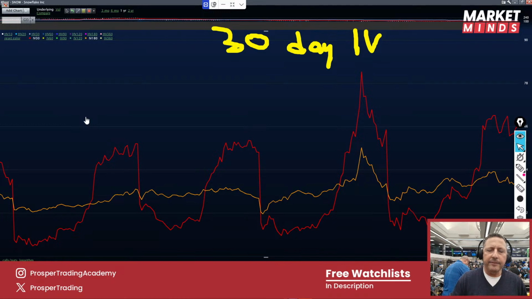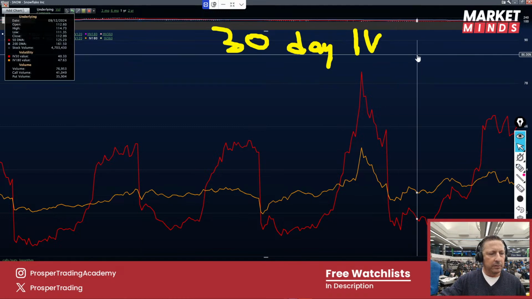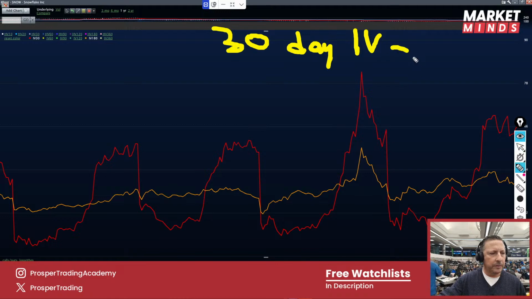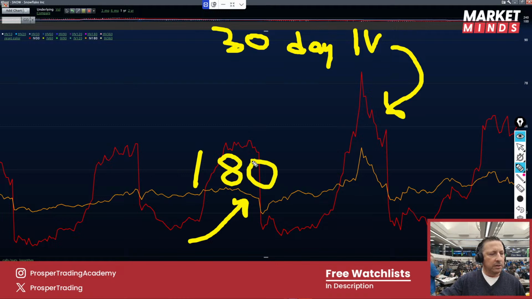What do you see on the graph now? Again, this is implied volatility. That red is 30-day. And this orange right here is 180-day.